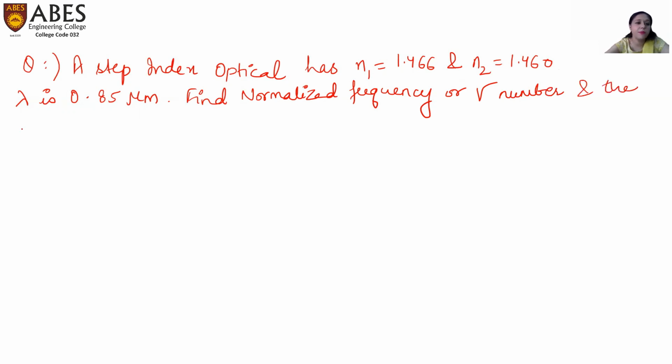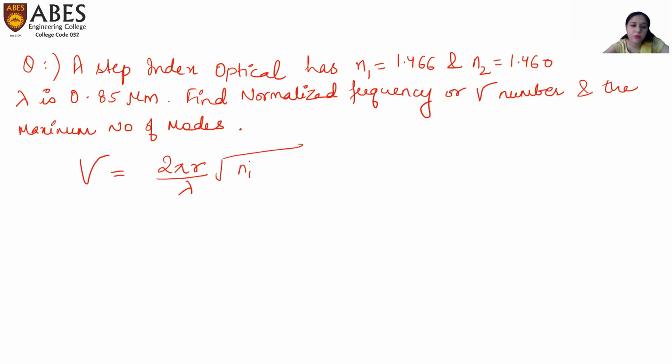That is the maximum number of modes we have to find out. So the V number or the normalized frequency is given by 2 pi r by lambda under root of n1 square minus n2 square. On putting the values, we are going to get 2 pi.